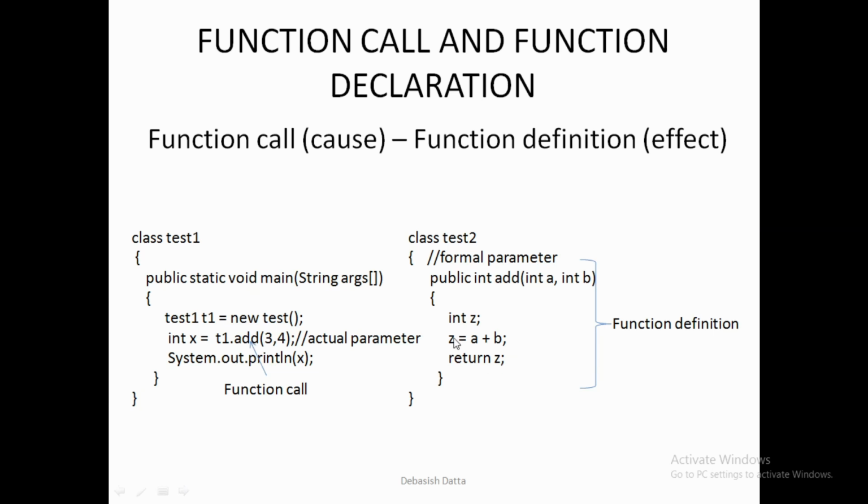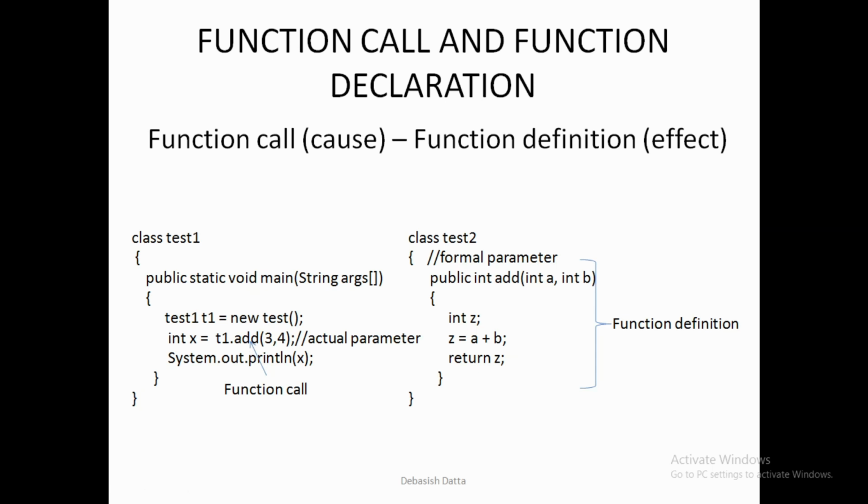The function definition, here we have defined one function, namely add, tells the computer what to do whenever a call to this function happens. And function call is the triggering point where the computer will do what is meant by the particular function or method.